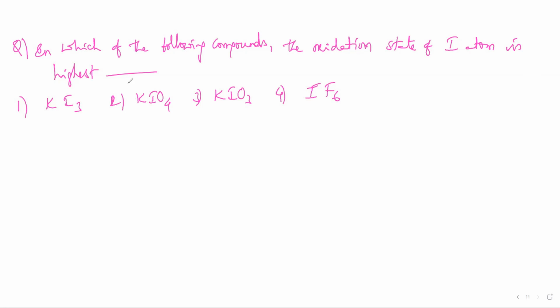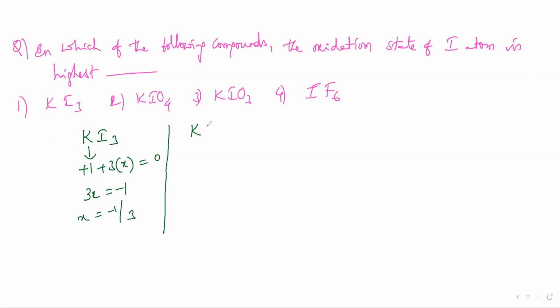First one, KI3. Potassium plus 1, plus 3 iodine, we don't know x, equal to 0. That means 3x equal to minus 1, x equal to minus 1 by 3. So here, in first case, it is minus 1 by 3.